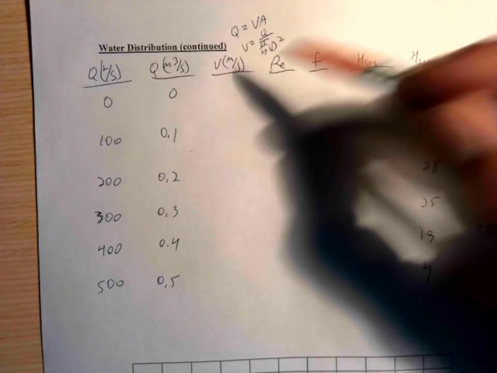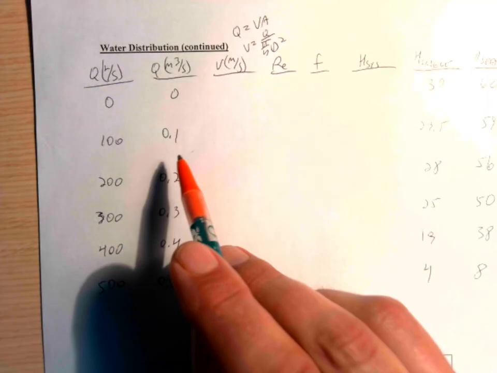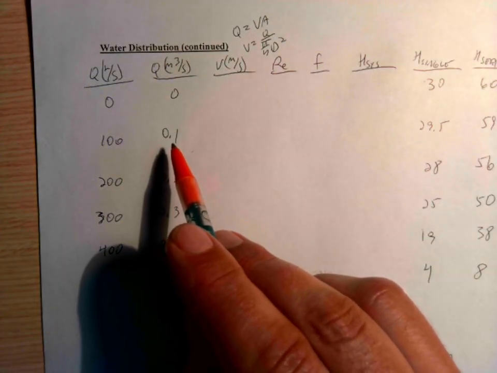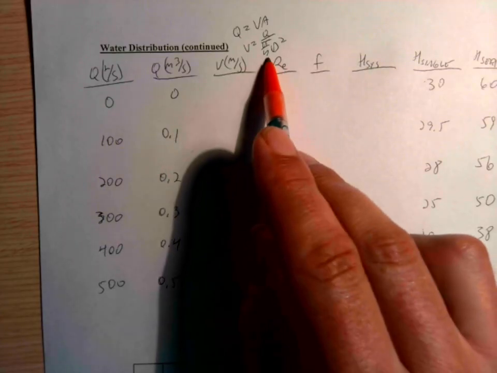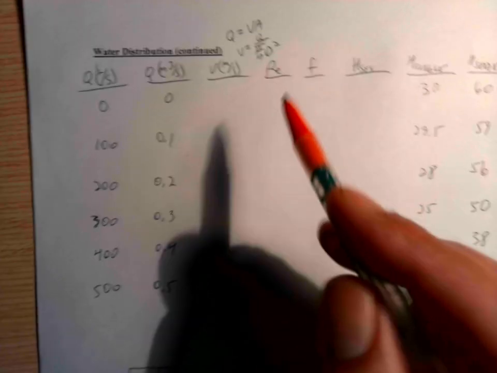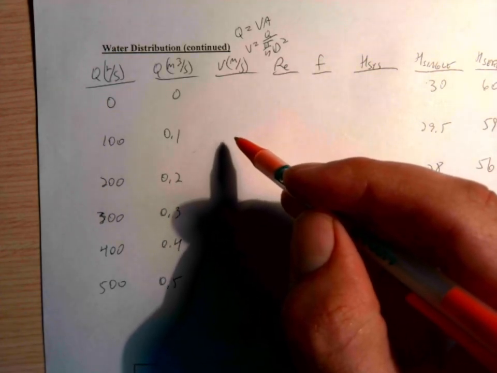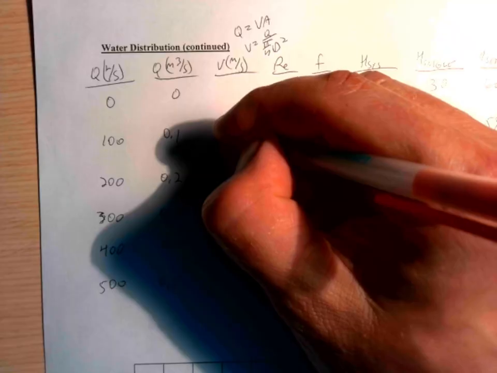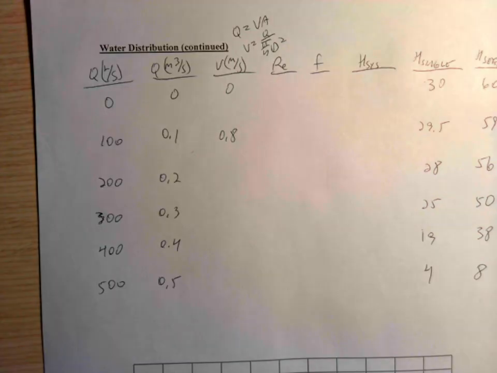At 0.1, for example, we would just divide 0.1 by pi over 4 times 0.4 squared, and that gave me a number of 0.8 meters per second. And 0 is obviously still going to be 0.